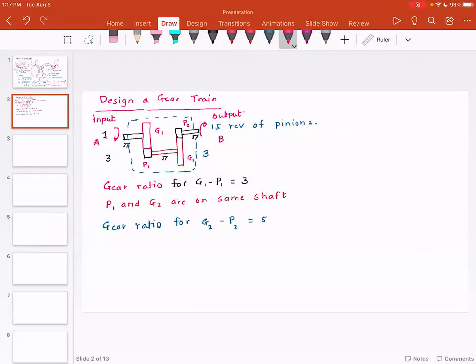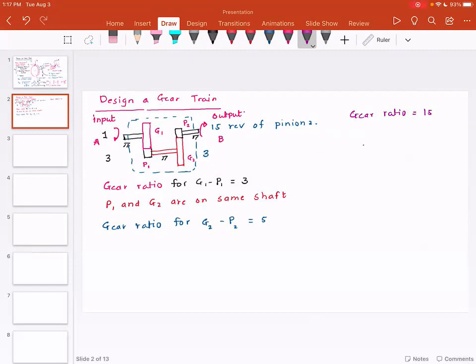Now, what is the advantage of this configuration? So the advantage of this configuration is, think about, I want to achieve the gear ratio of 15. So if I want to achieve the gear ratio of 15, that means the radius of the gear has to be 15 times the radius of the pinion.